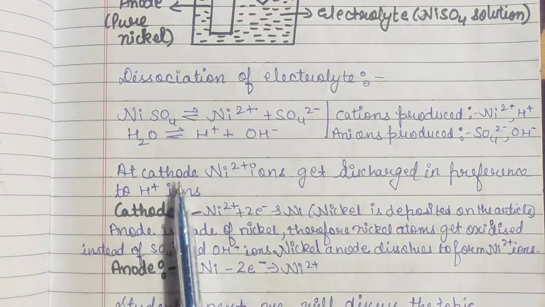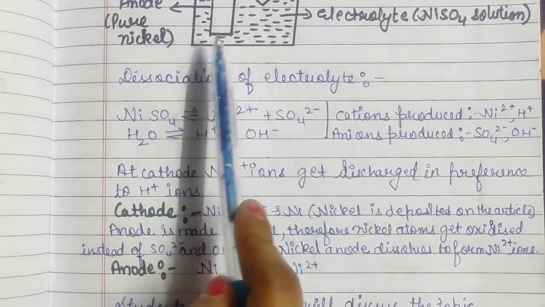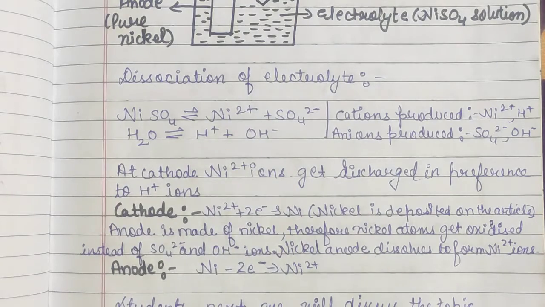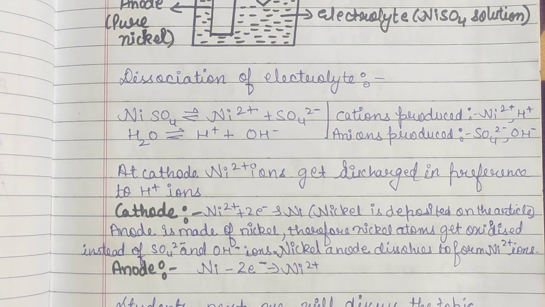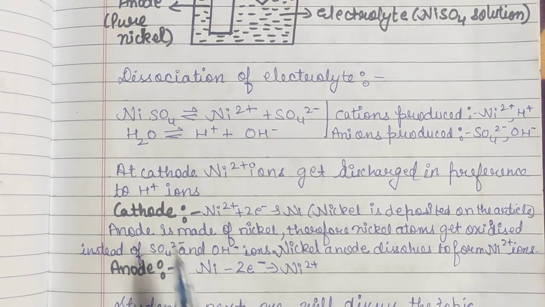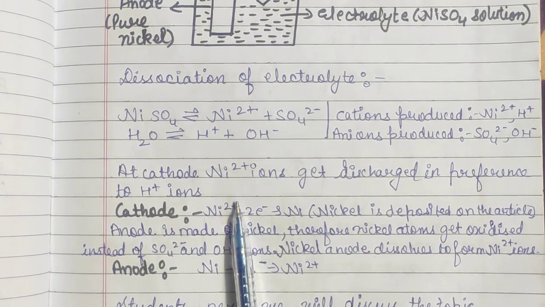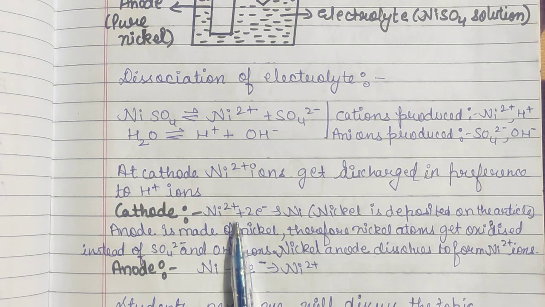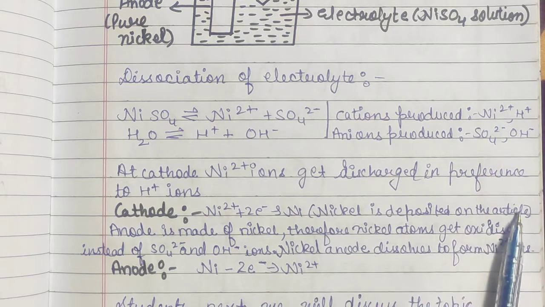So at the cathode, Ni2+ gets discharged in preference to H+ ions, because it is mentioned in the electrochemical series. And at the cathode, Ni2+ will take 2 electrons and become Ni. Nickel is deposited on the article.